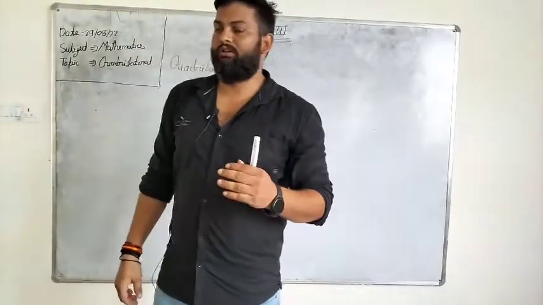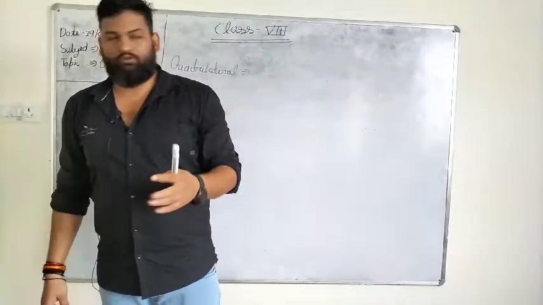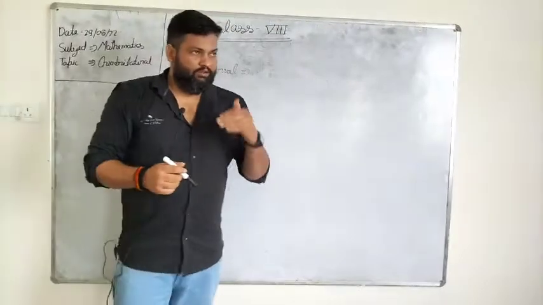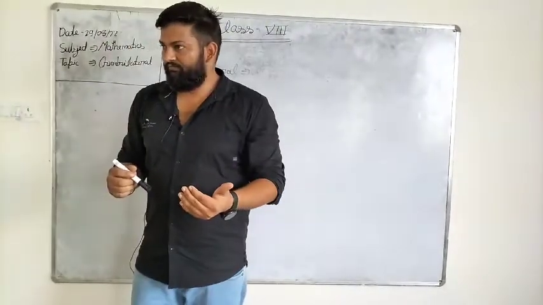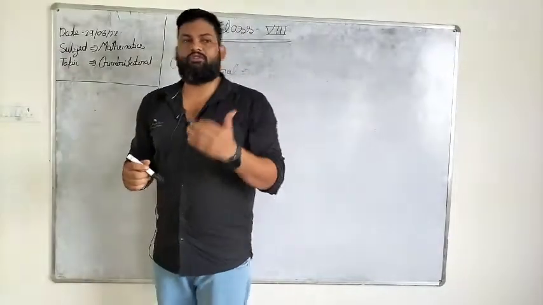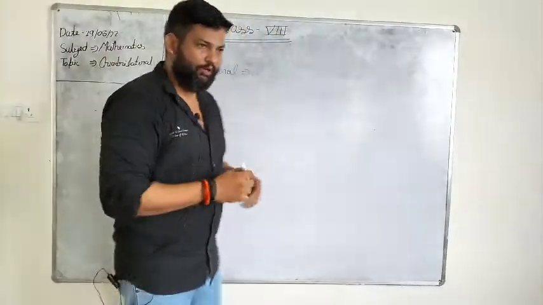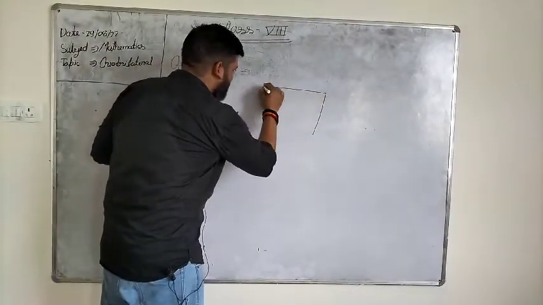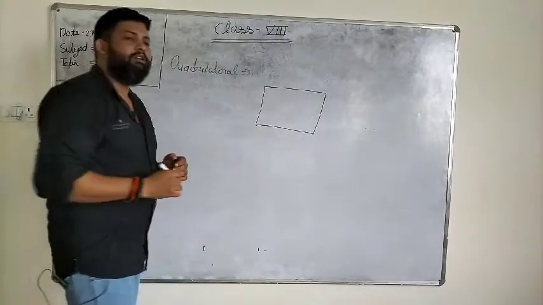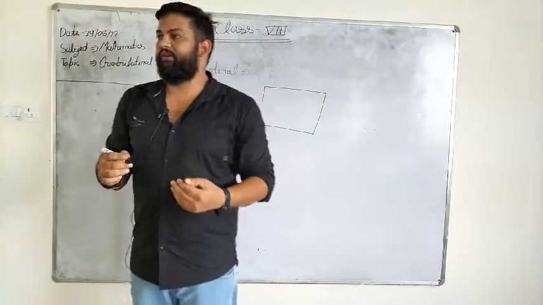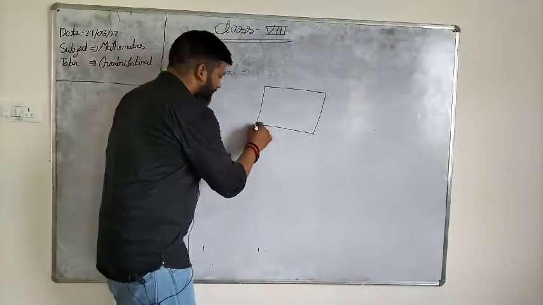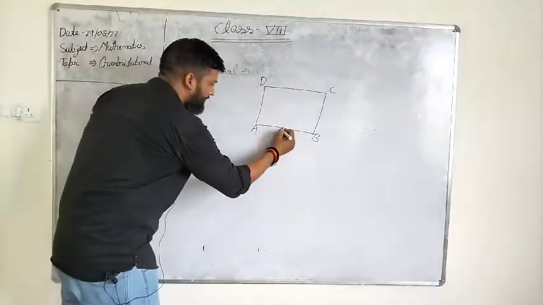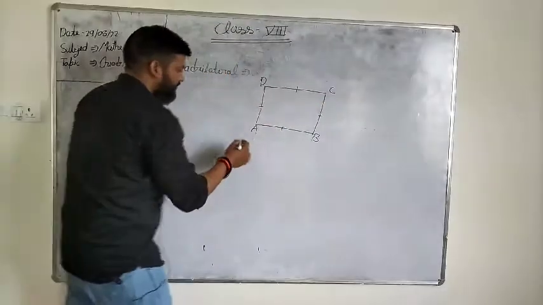First of all, what is the quadrilateral? We know that a simple closed figure, and the quadrilateral is also a type of simple closed figure, in which the simple closed figure has four sides.